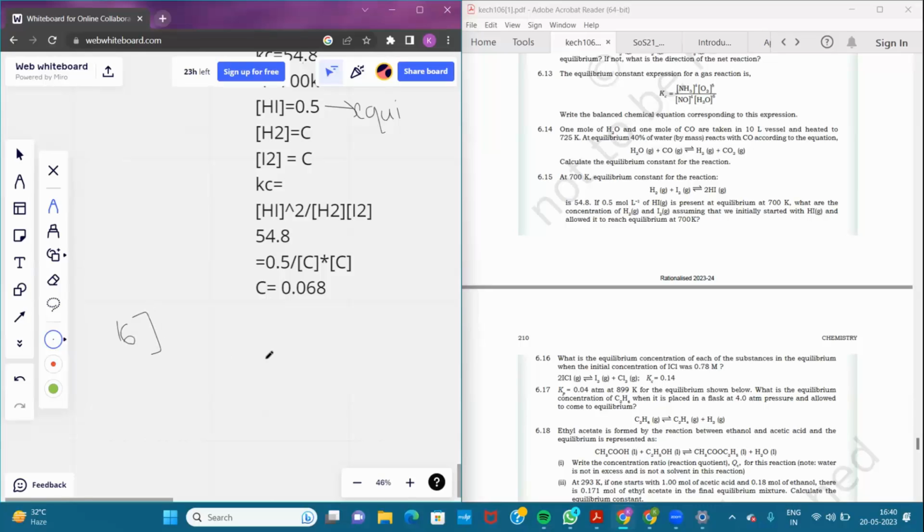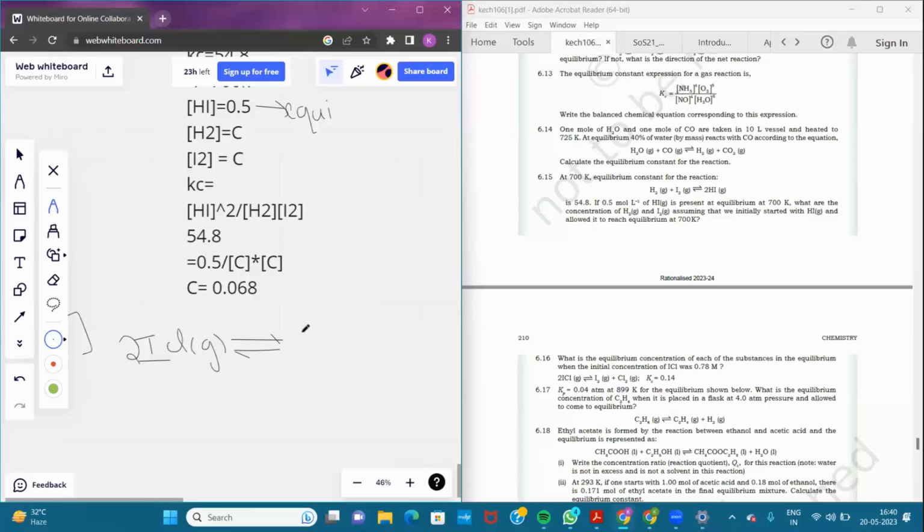What is the equilibrium concentration of each of the substances in the equilibrium when the initial concentration of ICl is given? Here, the difference between the previous question and this one is that the concentration mentioned is not at equilibrium. It is at the initial condition. So we'll write the concentrations according to that.